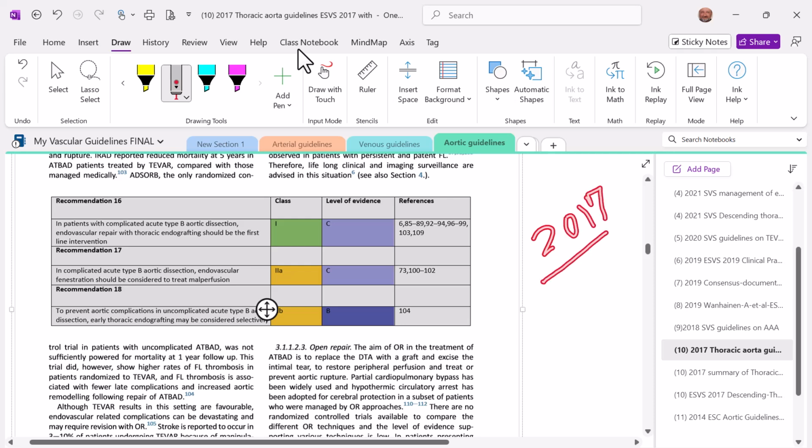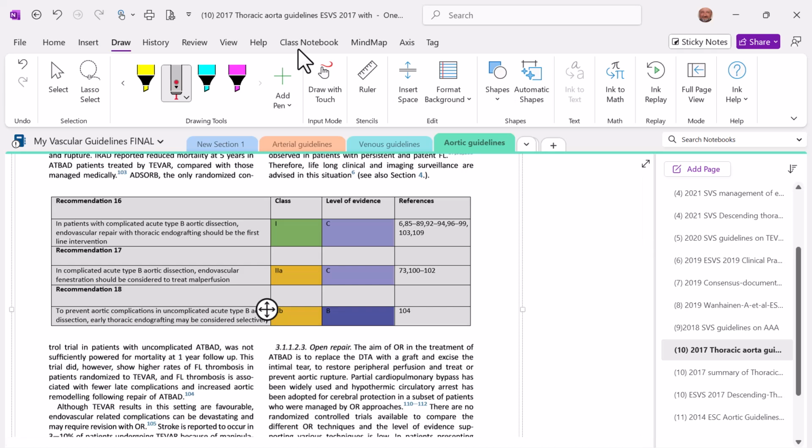Now, in 2017, there was the beginning of doing the procedure which is called TEVAR. This procedure is very important because in the past it used to be referred to the cardiothoracic surgeon. So in a patient with complicated type B aortic dissection, TEVAR should be the first choice.